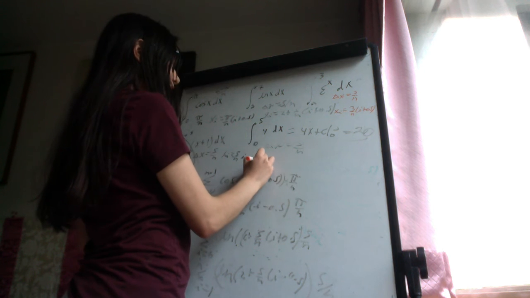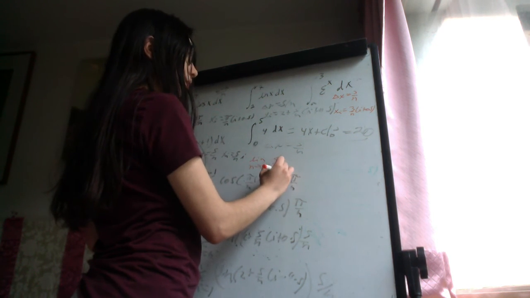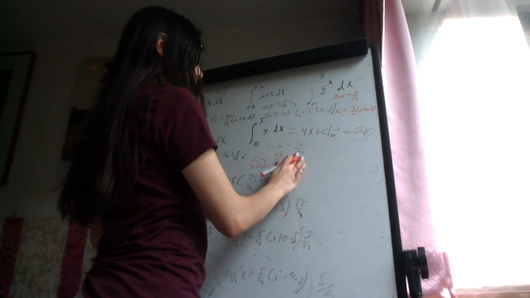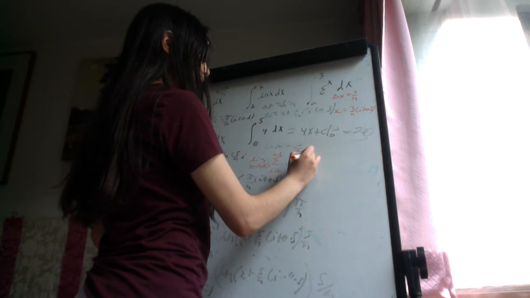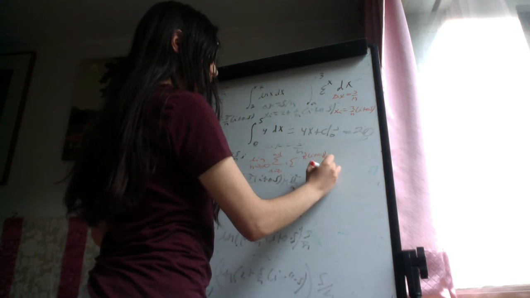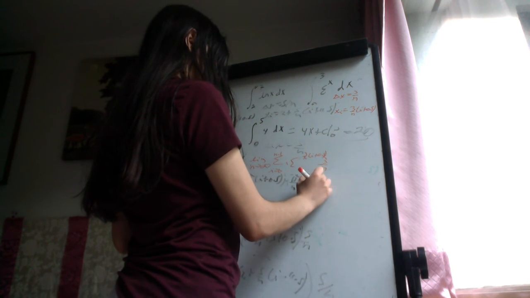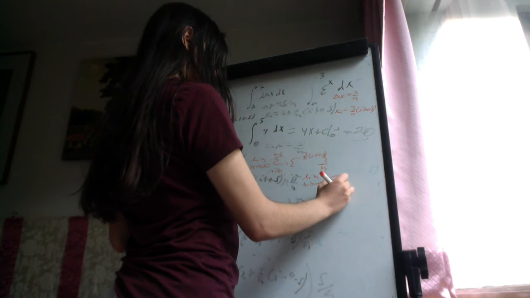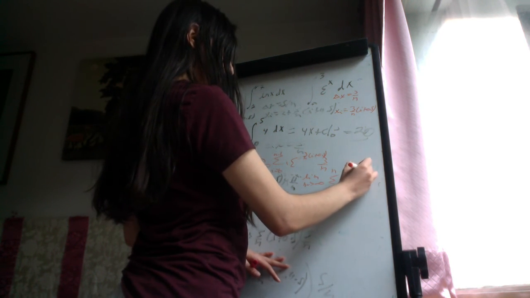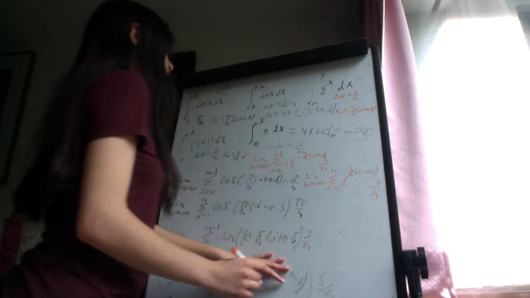So this will be the limit as n approaches infinity of the summation from i equals 0 to n minus 1 of e to the 3 over n times i plus 0.5, times 3 over n. Or the limit as n approaches infinity of the summation from i equals 1 to n of e to the 3 over n times i minus 0.5, all times 3 over n.